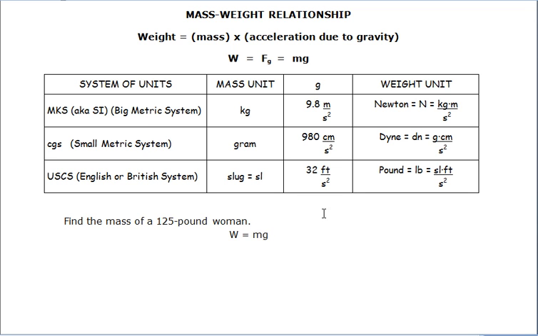Since this time we're going to be trying to find the mass, a good idea would be to solve the equation algebraically for the mass before we bother filling in any information. So let's divide both sides of the equation by g.